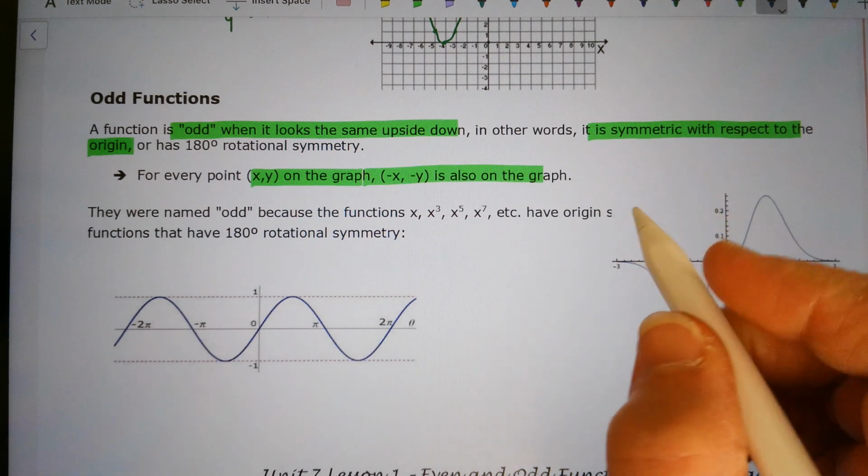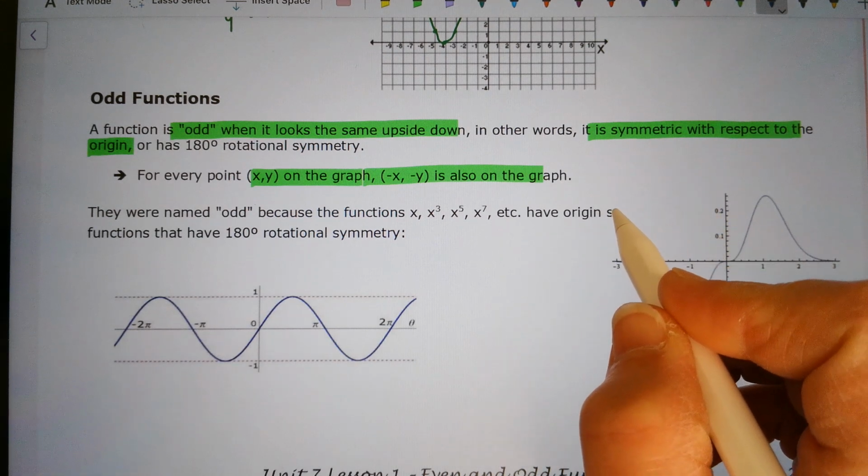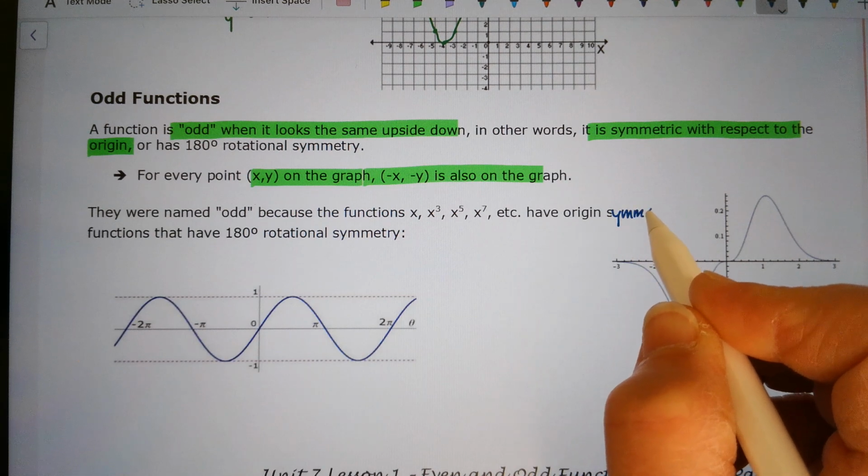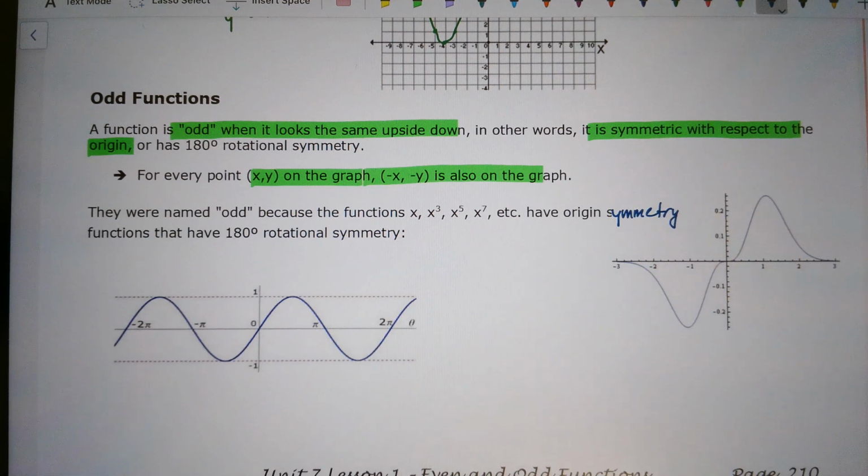They have origin symmetry, which is the same as 180 rotational symmetry. Okay, so if I'm looking at this graph here, which is actually y equals sine x, this graph has no special name.